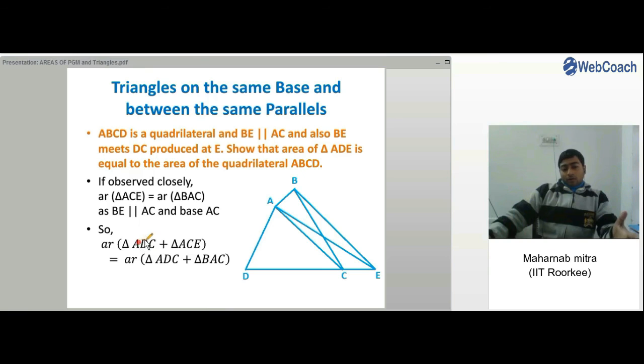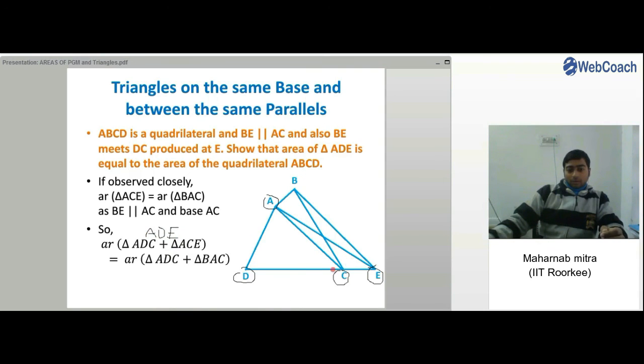Now if we add these two areas, what figure do we get? On the left hand side, triangle ADC plus triangle ACE, what did we get? We got the triangle ADE, right? On the left hand side, we have the area of triangle ADE split into two parts, right?